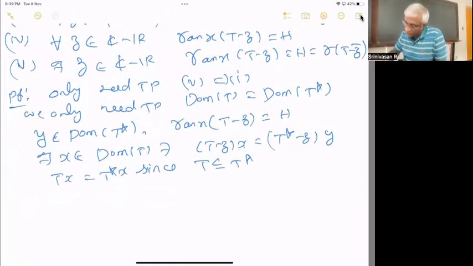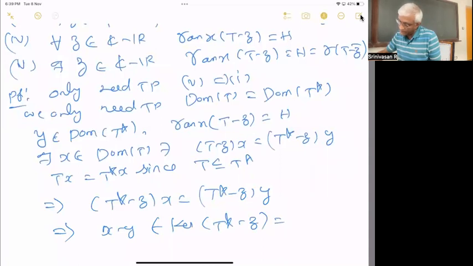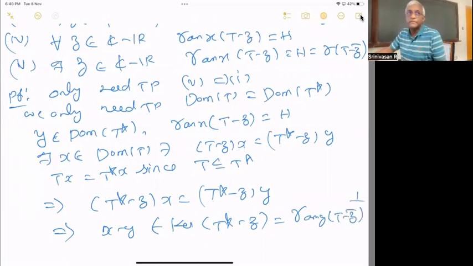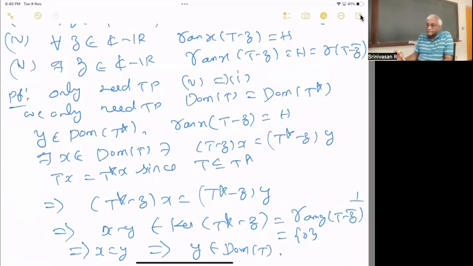So this implies (T star minus Z) X is equal to (T star minus Z) Y. This implies that X minus Y is in kernel of T star minus Z. But that is equal to range of T minus Z bar orthogonal complement, and range of T minus Z bar is also H. So this is equal to 0. So this implies X equals Y, which implies Y is in domain of T. Done.